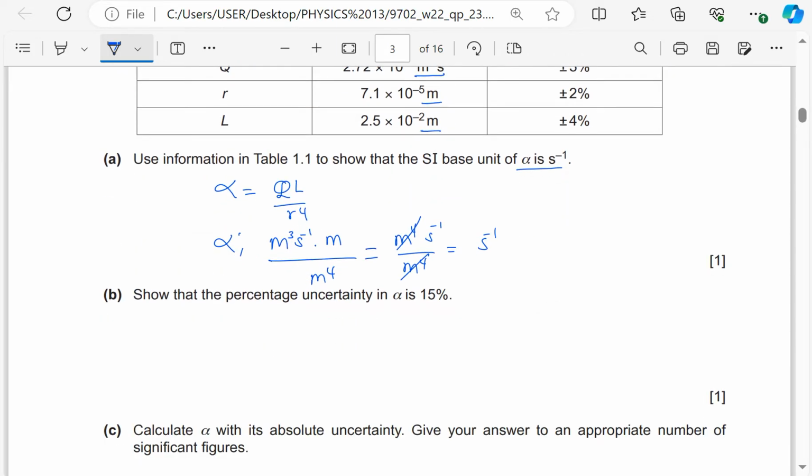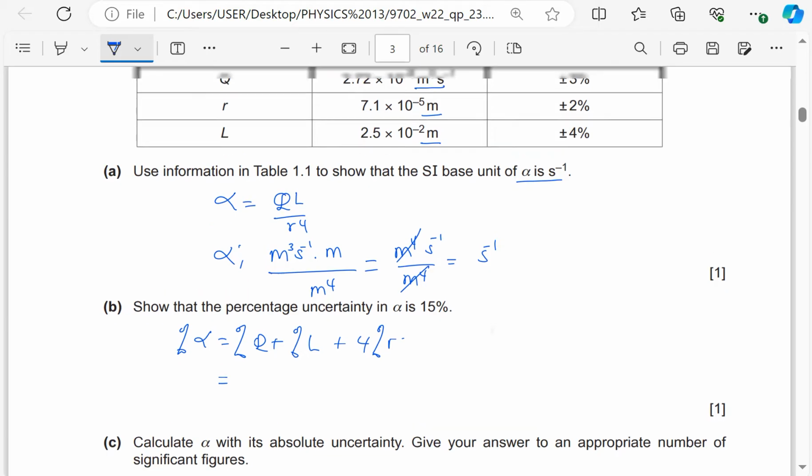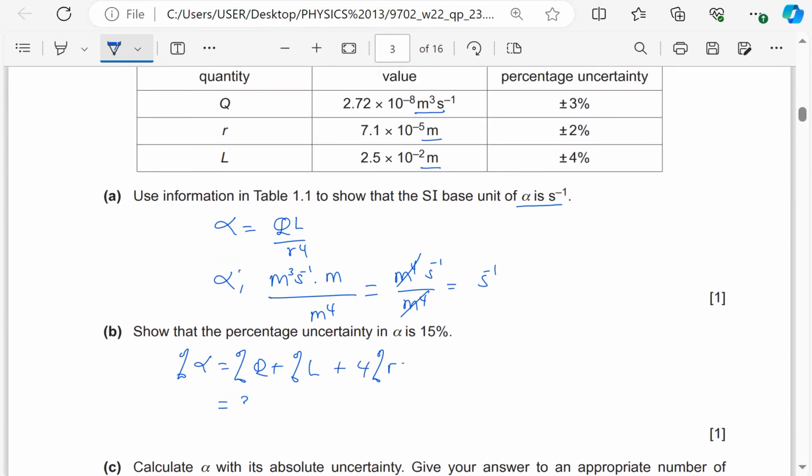Show that the percentage uncertainty in alpha is 15%. So using that equation, because we have multiplication, division, power, I'll just add the percentage uncertainty. So percentage uncertainty in alpha should be equal to percentage uncertainty in Q plus percentage uncertainty in L plus 4 times percentage uncertainty in R. So if I substitute the quantities given here, this would be 3% plus L, which is 4%, plus R, which is 4 times 2.